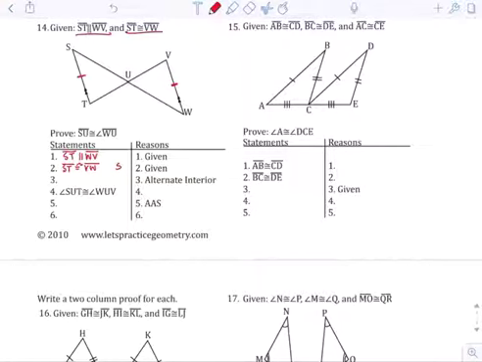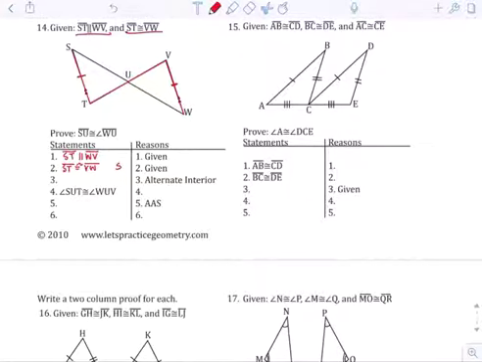Now, let's see what the parallel lines give us, right? So we got that line parallel to that one, and we have this transversal right there.